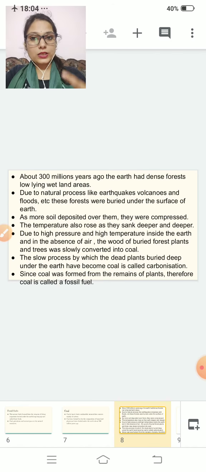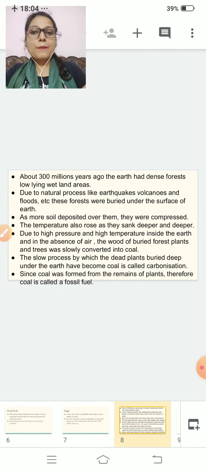I am reading once more. Listen carefully. About 300 million years ago, the earth had dense forests and low-lying wetland areas. Due to natural processes like earthquakes, volcanoes and floods, these forests were buried under the surface of the earth. As more soil deposited over them, they were compressed. The temperature also rose as they sank deeper and deeper.